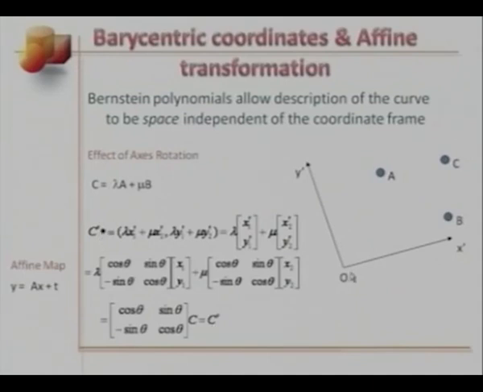In other words, the rotation of the axes does not affect the linear combination here.